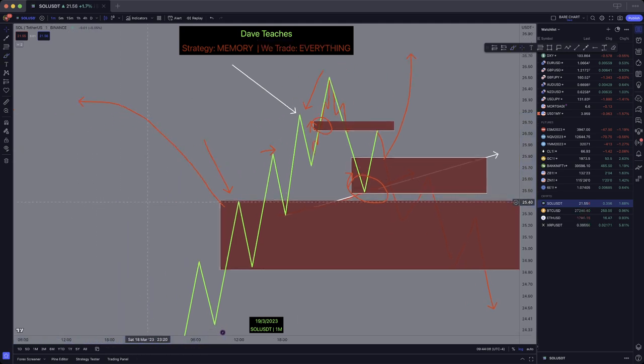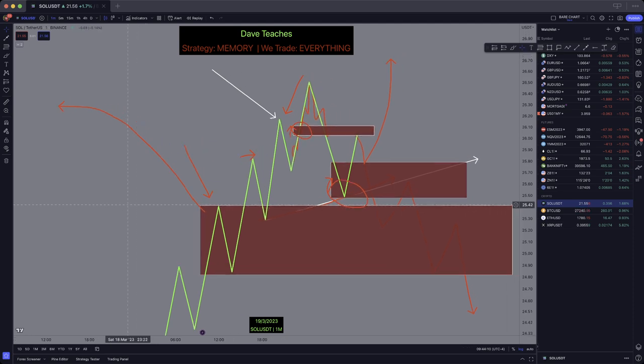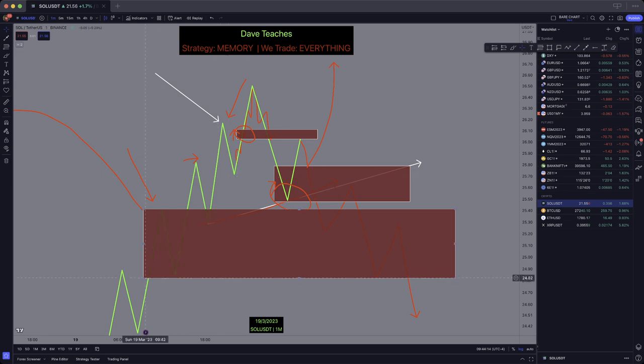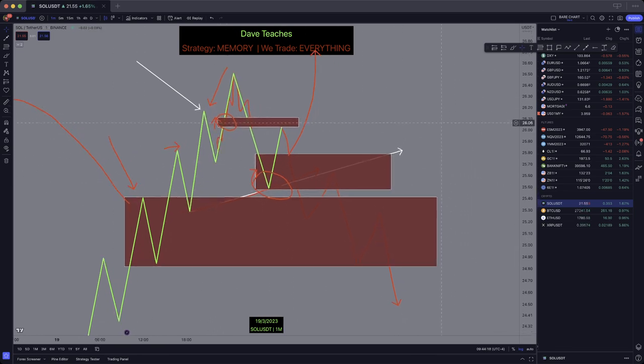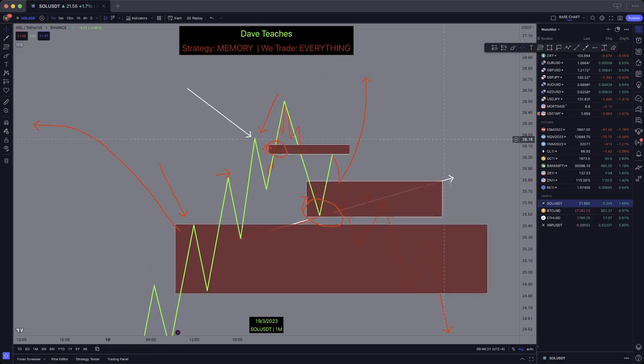And if you see it enough and you spend enough time observing what it does in and around these zones, then you'd be able to follow that too. But you need to start from somewhere. Where's that somewhere?